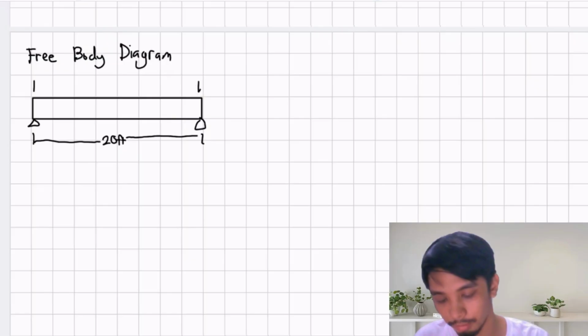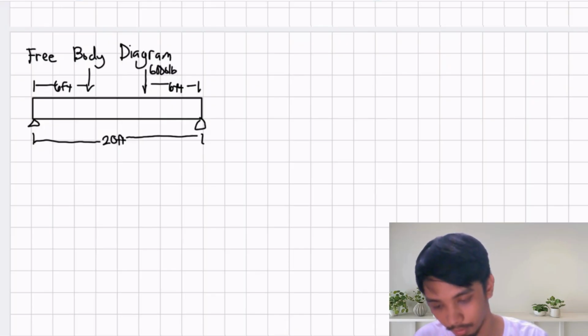And from each support, the distance is 6 feet to each load. So this is 6,000 and this is also 6,000.